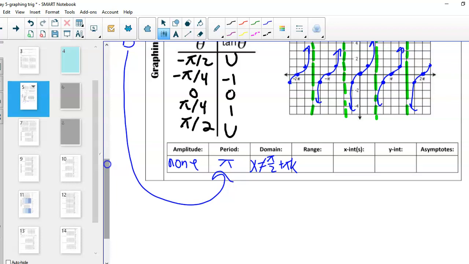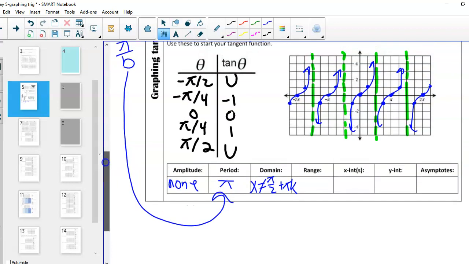Because every pi over 2 would be like pi over 2, pi, and the in-betweens, and we don't want those. The range is what? All numbers.